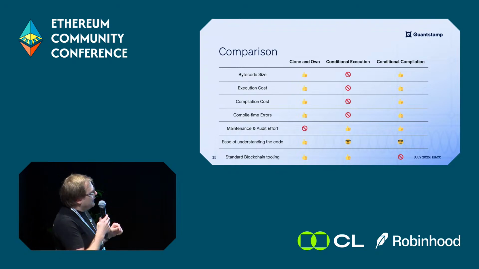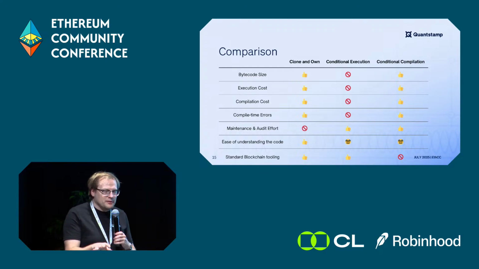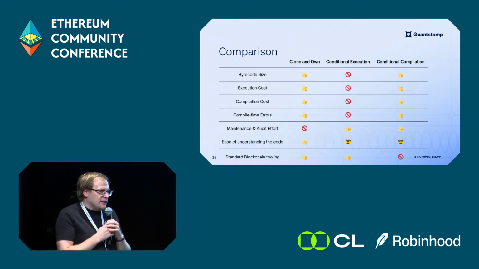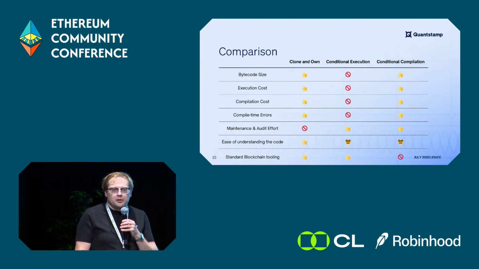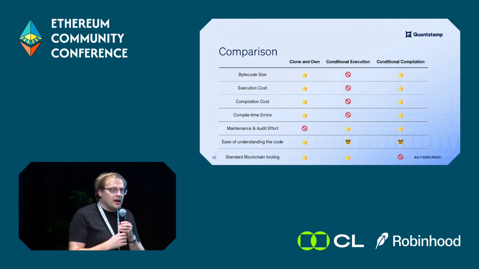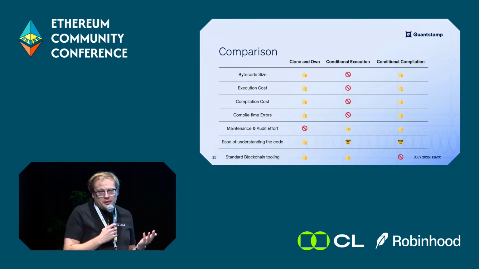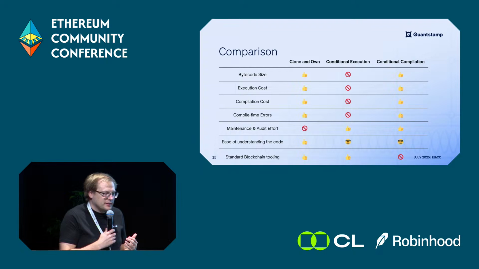I would maybe have put this as a slightly different symbol, because if you have to do multiple versions of it, maybe the auditing is not the best, but it's still pretty nice. And certainly the conditional compilation has very good readability, right? You're only looking at the single version if you want, but you can also look at different versions and consider them in different ways, but that's probably unavoidable. If you have different versions of code, you have to look at different versions to understand what they're doing differently, right? So that makes sense.